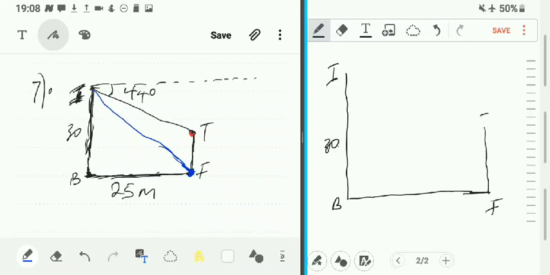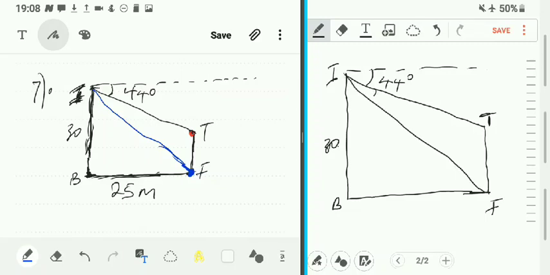This is the top of the flagpole. This is the line of sight. This one here is 44 degrees. Then we're looking for this angle, let's call it theta, which is the angle of depression to the foot of the tower. Okay, distance here is what? 25 meters.